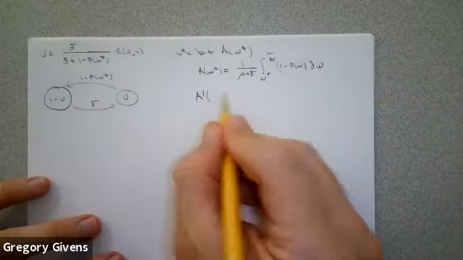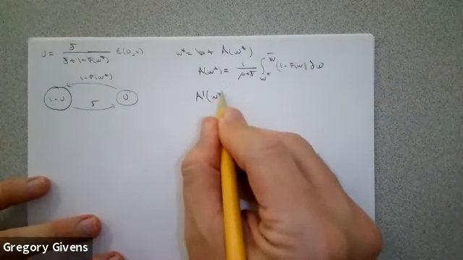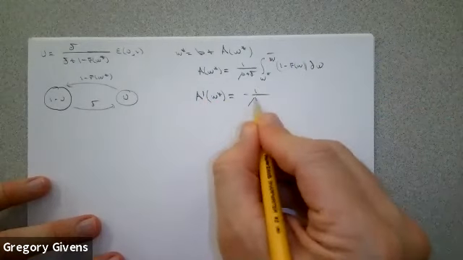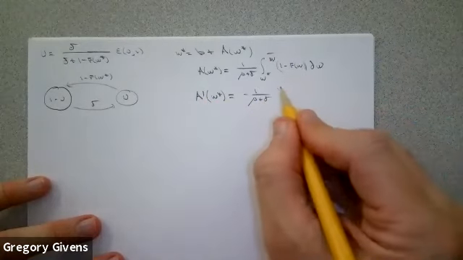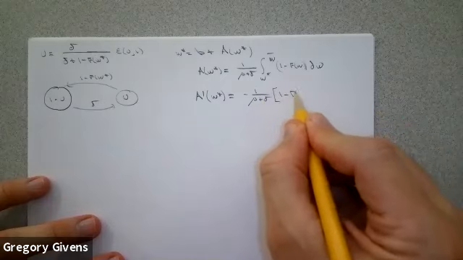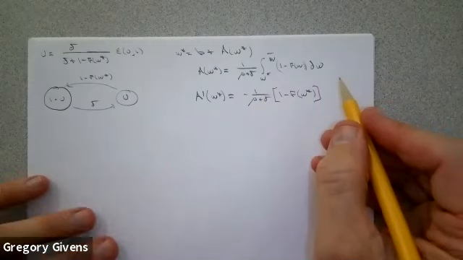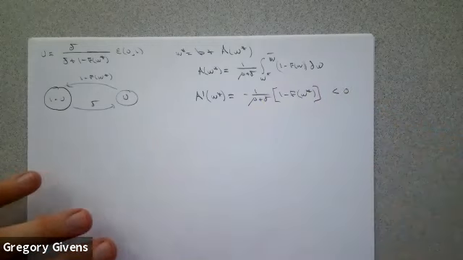A prime of W star was equal to negative 1 over rho plus delta times 1 minus F of W star, which is negative.